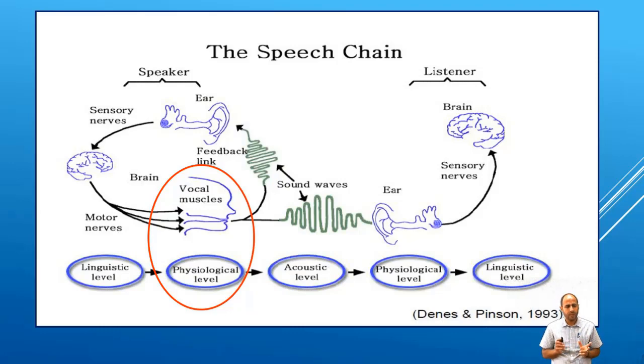Then, at the physiological level, we have ears of listeners and how speech sound signals are perceived by ears. And finally, we need to use some sensory nerves, represented by the brain, to analyze linguistically the speech sounds and sometimes refer to their meanings.